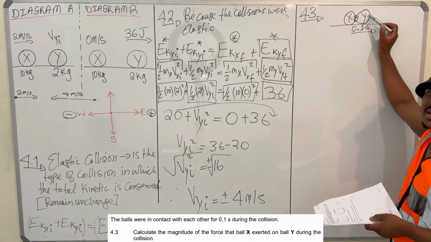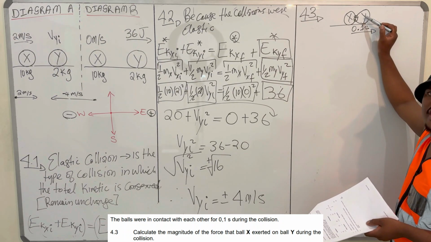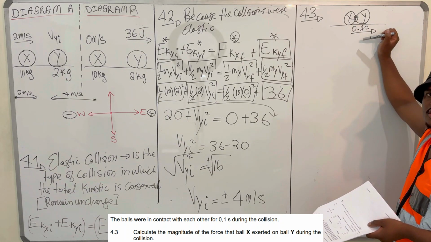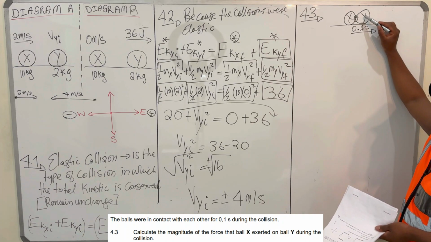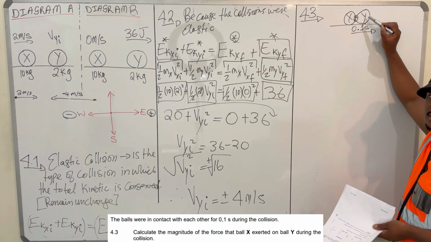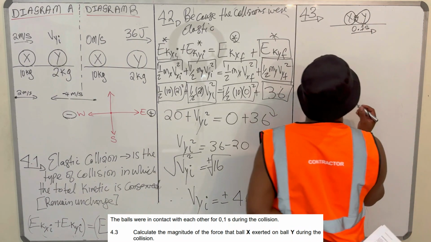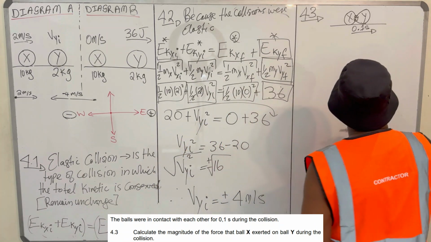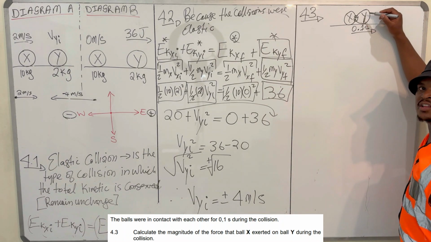In simple terms, I would say they want to know the magnitude of the force felt or experienced by ball y as a result of x. So you want to know how much force is exerted on ball y during the collision. So to do this, I'll say, okay, because I'm dealing with forces, I like free body diagrams. Let's draw a free body diagram of the forces experienced by y during the collision.